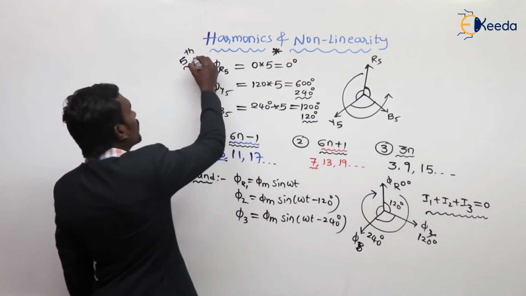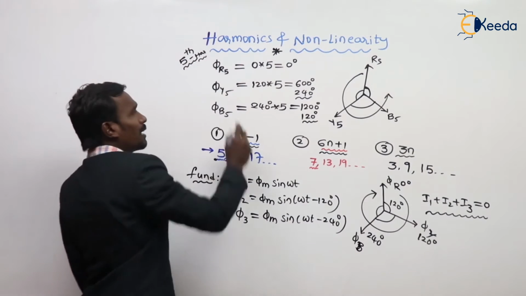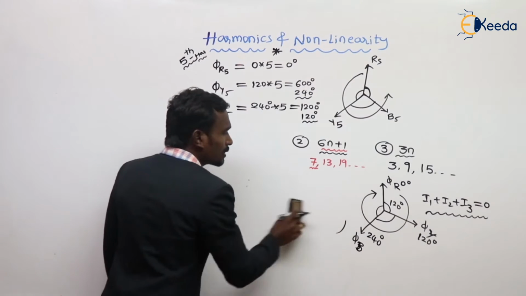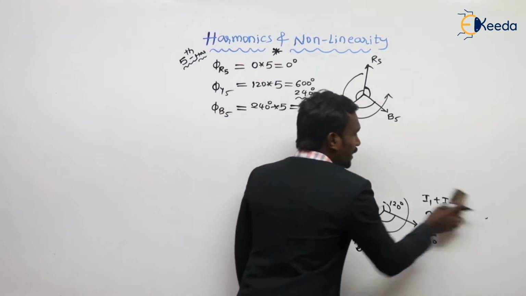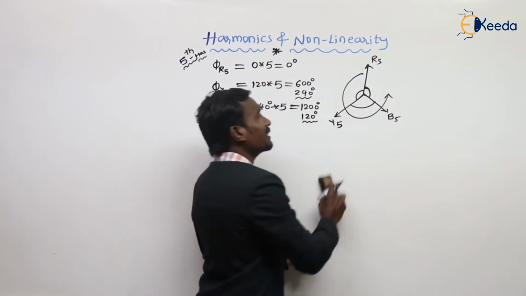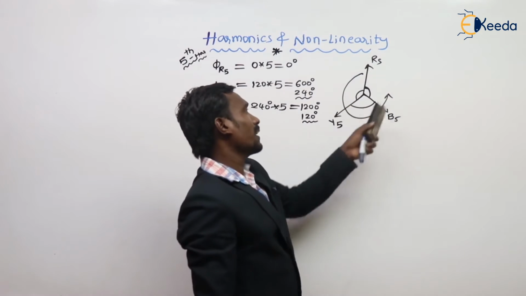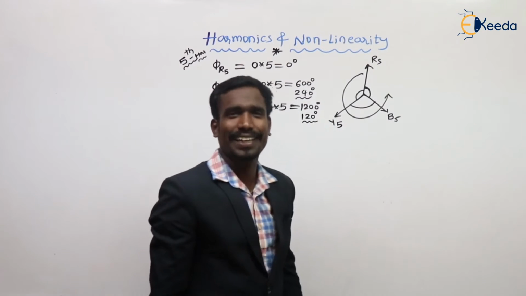So the fifth order harmonics follow the fundamental rules, but in which direction? In the opposite direction, not in the clockwise direction. This follows the fundamental rules in the anti-clockwise direction.